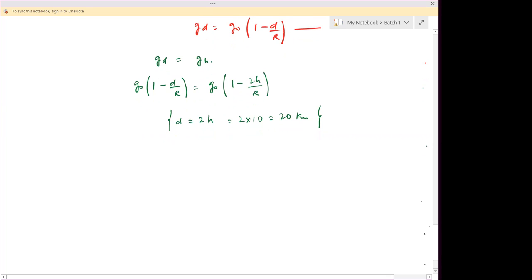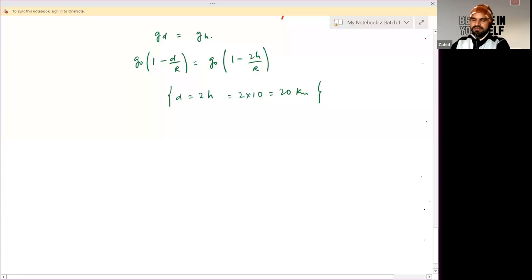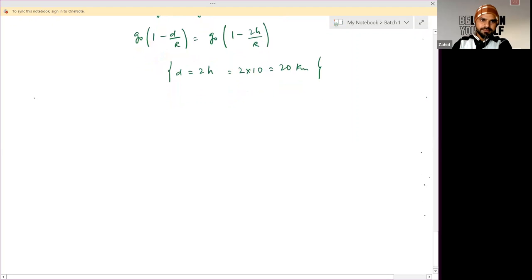Yes, sir, done. Okay. So this is all about gravity and its different problems. Next is Kepler's laws of planetary motion. Kepler gave three different laws related to the motion of planets around the sun. So first is the law of orbit.